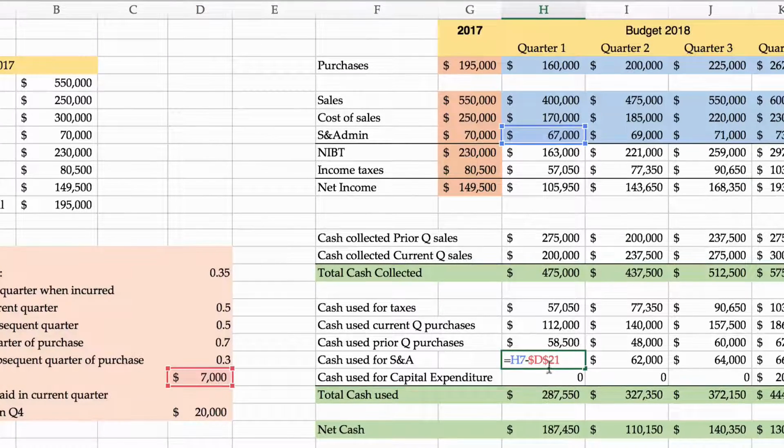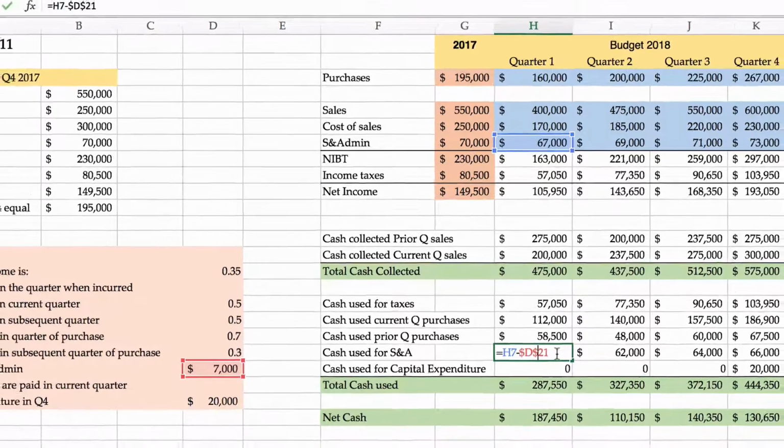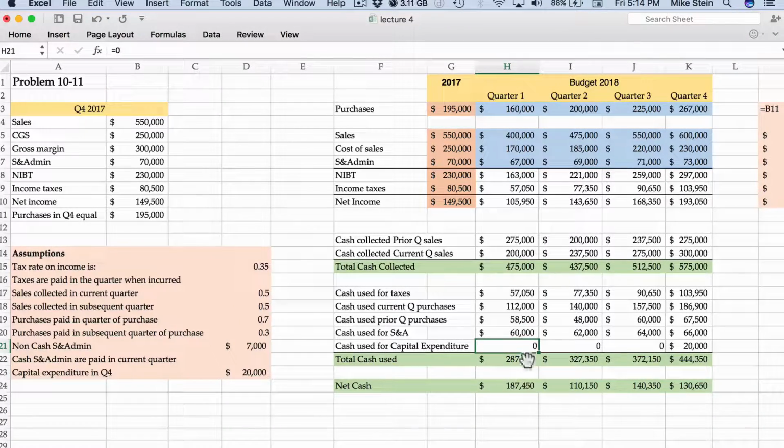Now notice what happened here is that the problem said that there was $7,000 of depreciation. So this calculation is taking the S&A minus the depreciation to get the cash portion, and that's paid in the current period. Cash used for capital expenditure, once again, laid that out here, but that only occurs in the fourth quarter, so you can see it over there.